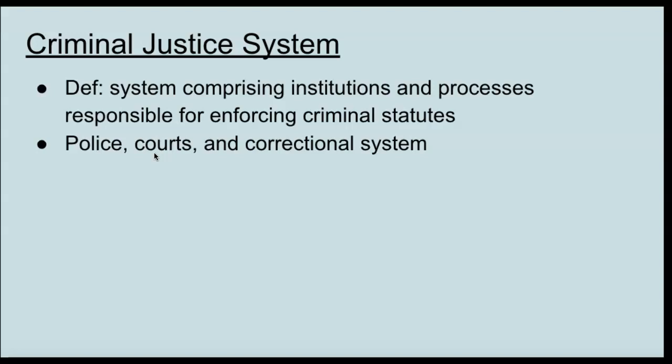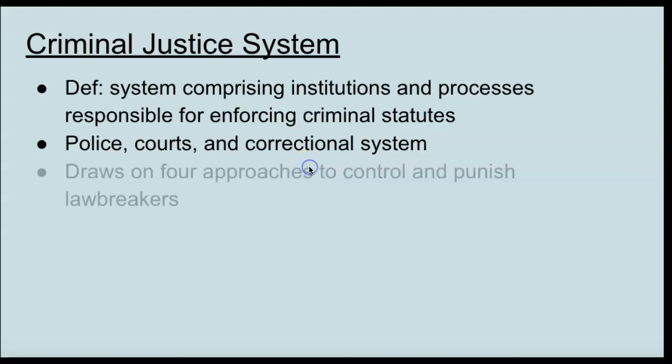And then depending on the crime, there is a punishment that is instituted, and they can either go into the correctional system or some variation of the correctional system. Again, we are going to look at how we control crime in the United States by looking at four different approaches.